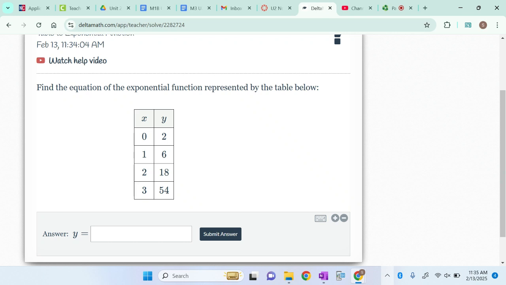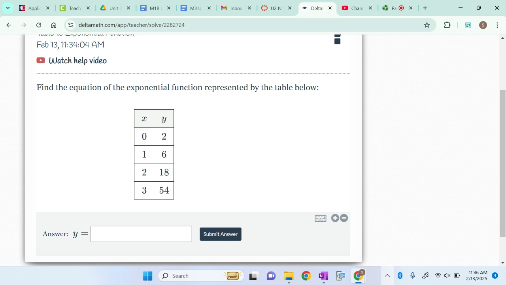What did I say the a value represents from yesterday? So think back to the exponential family paper that we did yesterday. It's your starting value, or if we're looking at a graph, it's your y-intercept. So it's either the starting value if you're talking about a scenario, it's a y-intercept if you're talking about a graph.